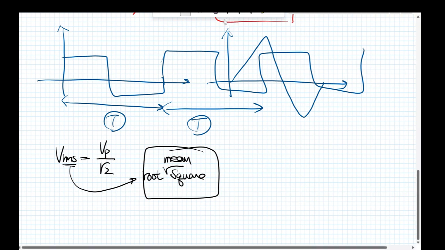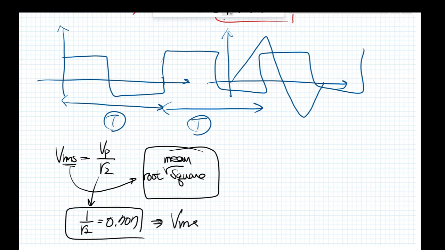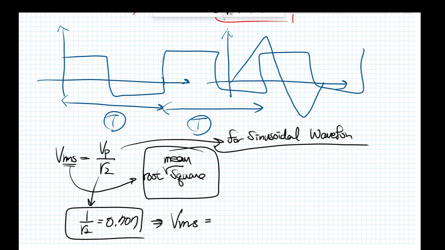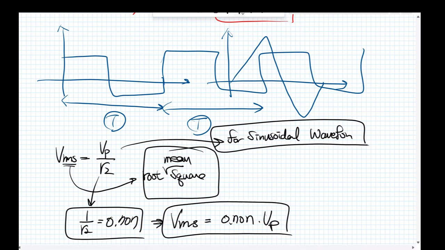So that means 1 over root 2, 0.707. So that means V sub RMS for the sinusoidal waveform is 0.707 times V sub P.